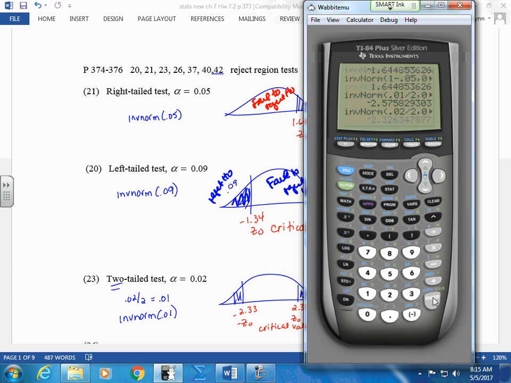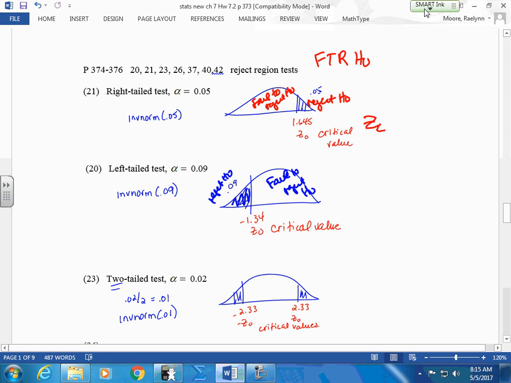So there, you get your negative, and you know the other side, the right side, is the positive side. And again, we label this reject H0, and fail to reject H0.